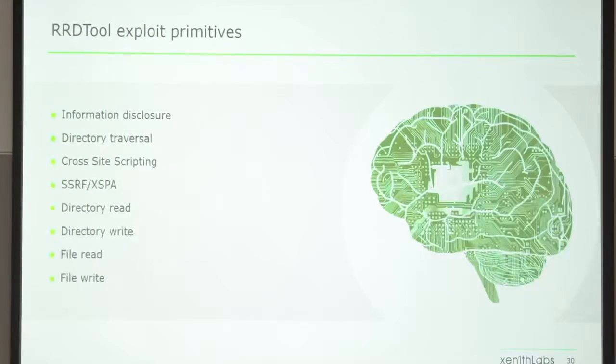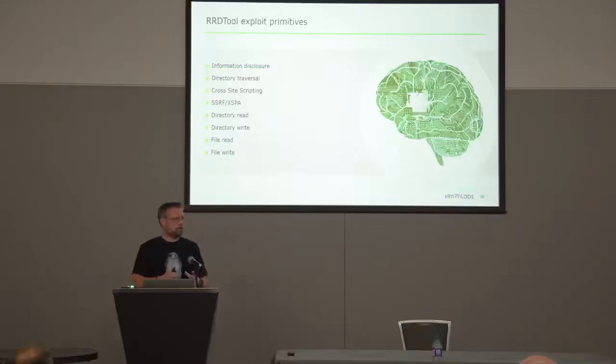So these are all just generic things that RRDtool can be convinced to do without necessarily being tied to a specific vulnerability. It's a bit like the notion of pop-pop-ret and SEH-based buffer overflow. It's like a standard technique.